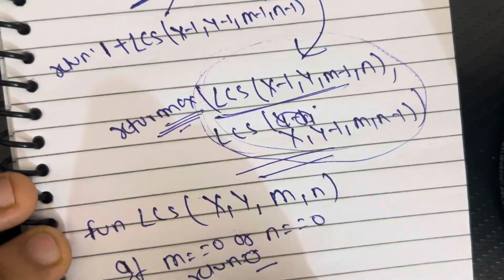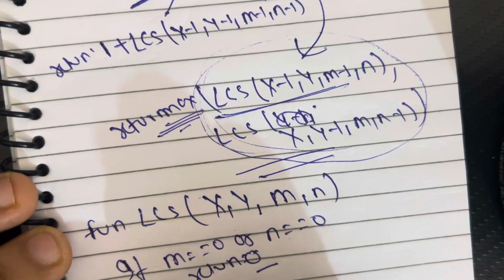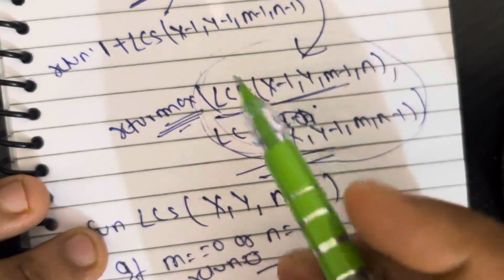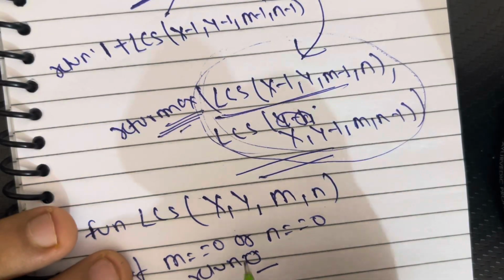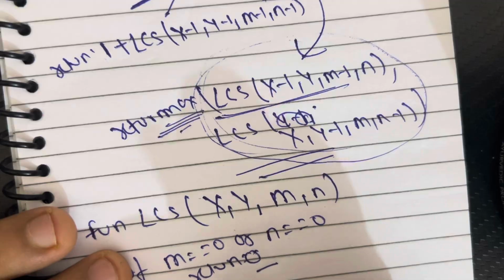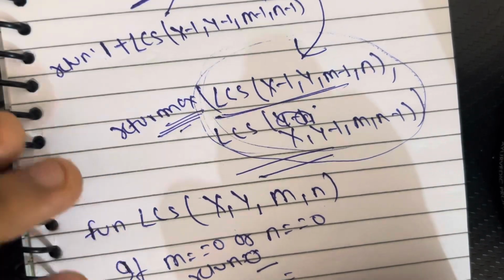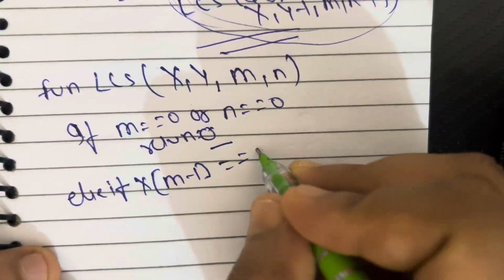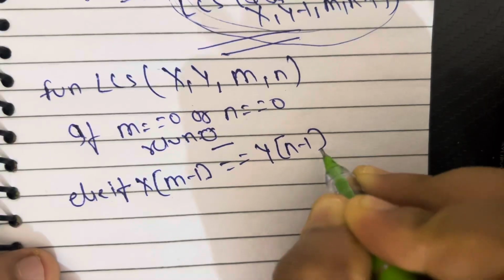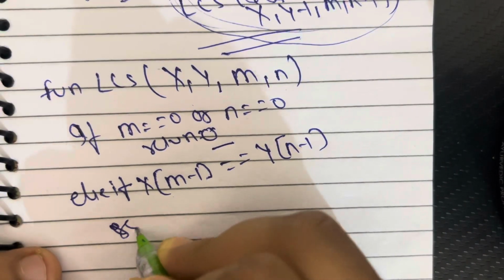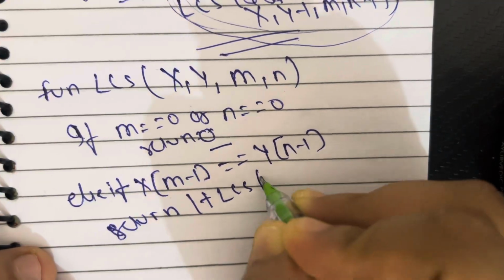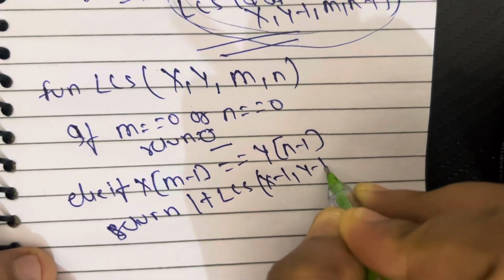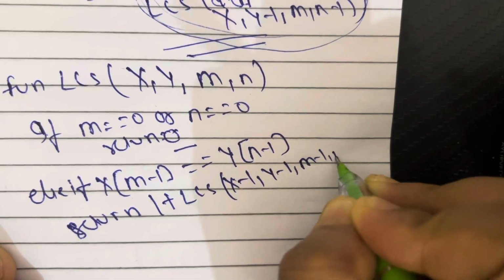Else if the last character of x and the last character of y match, so x[m minus 1] is equal to y[n minus 1], in this case we return 1 plus LCS(x minus 1, y minus 1, m minus 1, n minus 1).